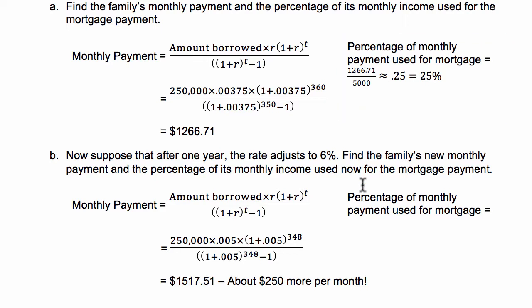Now the percentage of the monthly payment used for mortgage is equal to $1,517.51 divided by $5,000, which is approximately 0.3 or 30%. It is quite possible that a family could afford to spend 25% of their income on their mortgage, but not 30%.